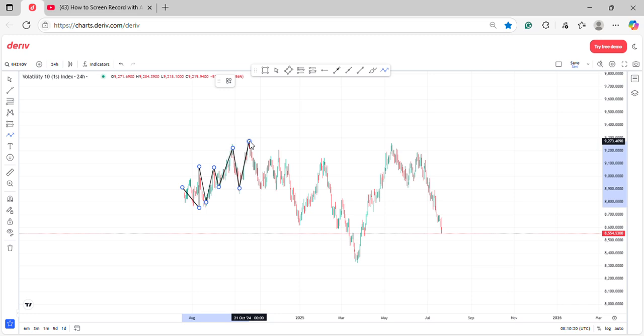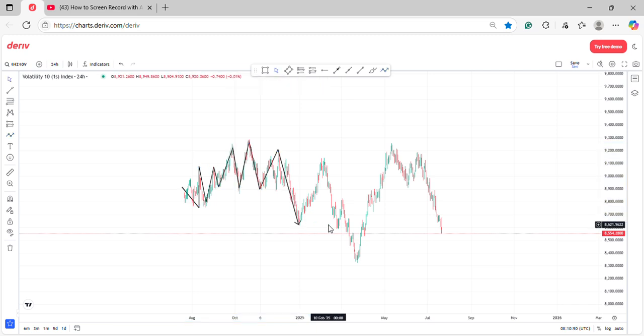Price came back to this level and formed another high, but instead of breaking the last higher high, it failed to break it. It didn't take out this last high, and it came back and changed the market structure.